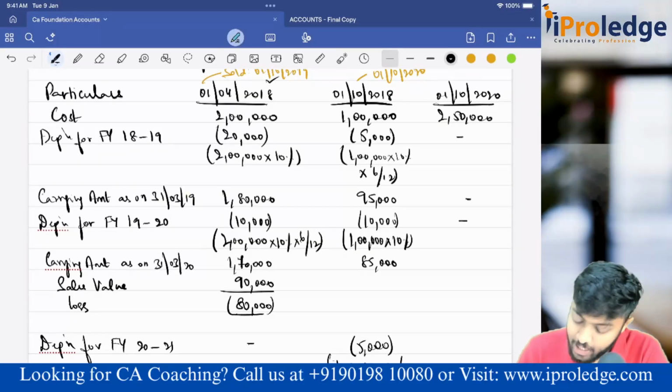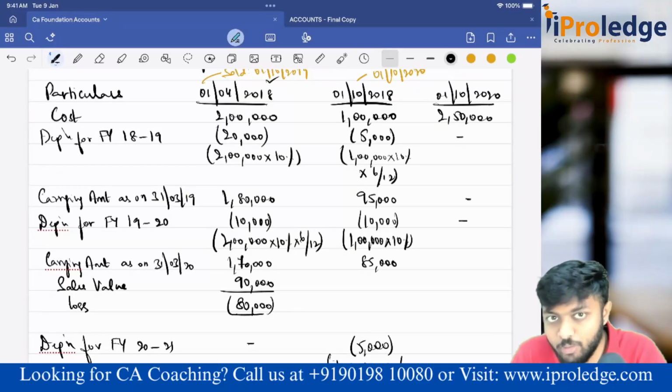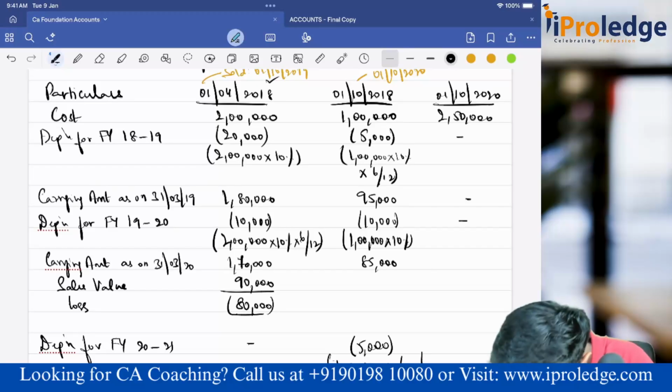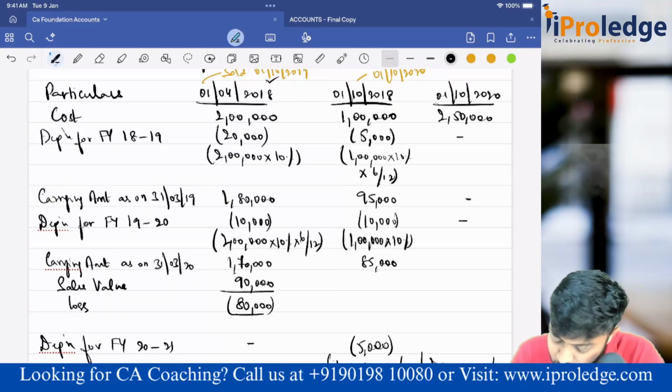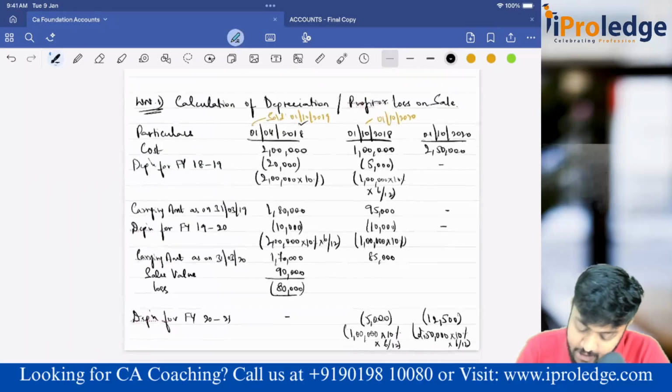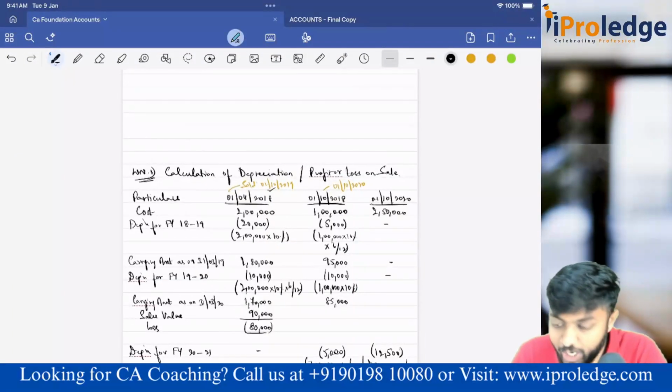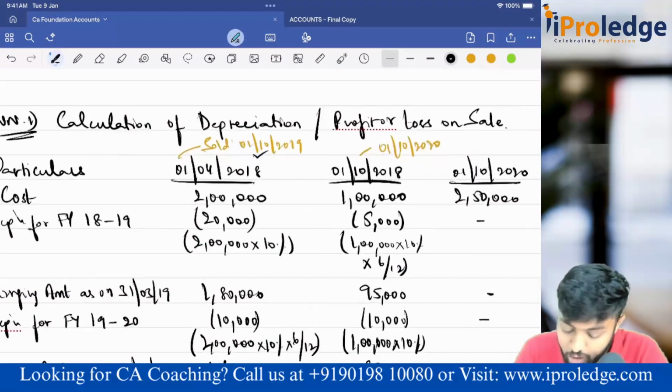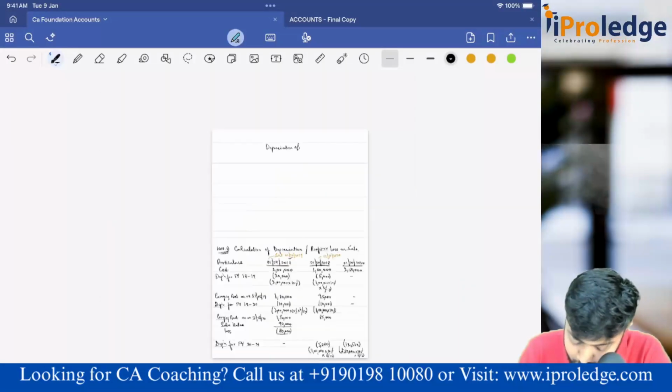Okay, now this machinery is purchased in October, used for only 6 months. So 2,50,000 into 10% into 6 by 12. So if you see here, 25,000, 12,500. This machinery which was bought on 1/10/2018, second machinery, sold on 1/10/2020. So carrying amount will be what?